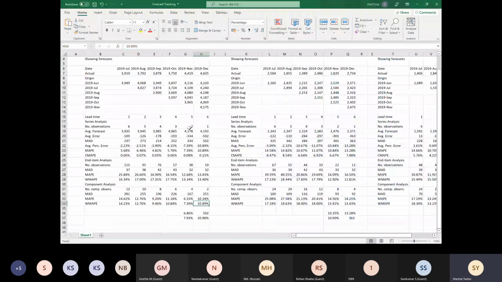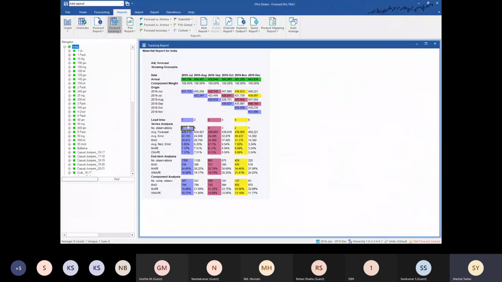Okay, so let me go to the Excel. I think that will help you understand, or maybe let's look at this report itself. So in here, I have 6 observations with the lead time of 1. That's what is being showcased over here. And I'm going to take the series analysis, which is at India level.